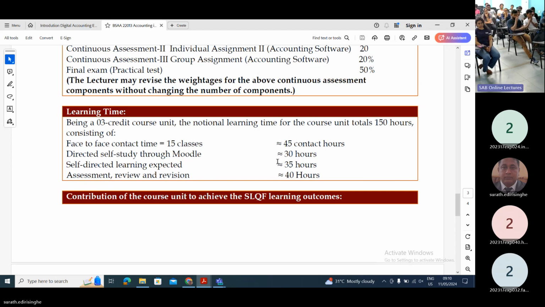Self-directed learning expected is 35 hours by you. Assessment, review and revision, 40. All the hours have to be worked by you. Few hours you work here with me on the project activity, and the balance hours you work in your free time at home.